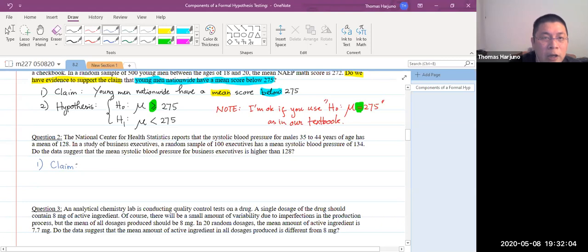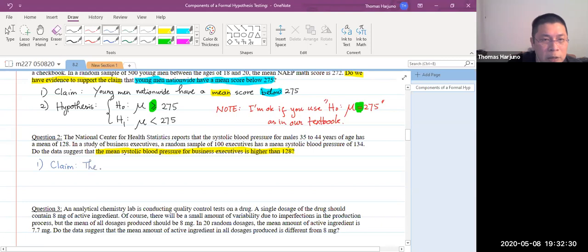Do they give us the claim explicitly? Kind of, right? Because they actually word it as a question: do the data suggest that the mean systolic blood pressure for business executives is higher than 128? They don't use the word claim explicitly. Let me just copy paste that.